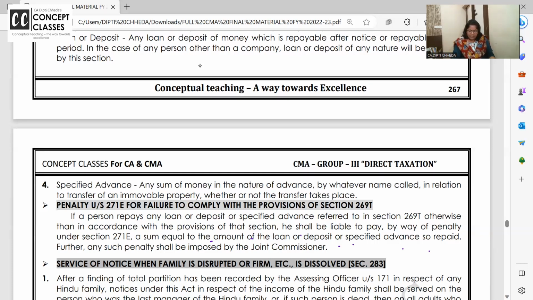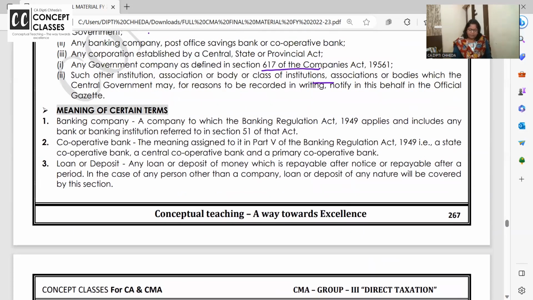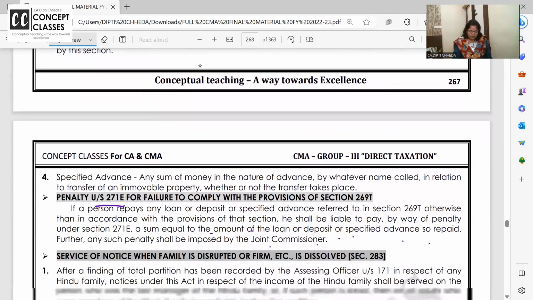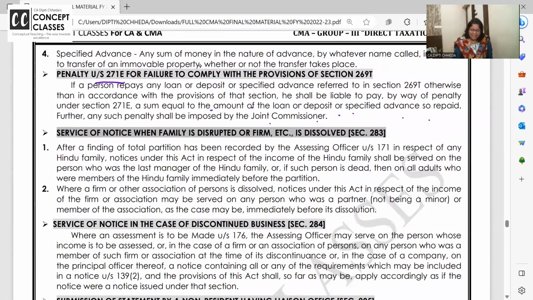Further, any such penalty shall be imposed by the joint commissioner. So how much penalty will be levied? 271E. And banking company, cooperative bank, loan or deposit, all this we know. Okay? Come on, let us take some example for this also.